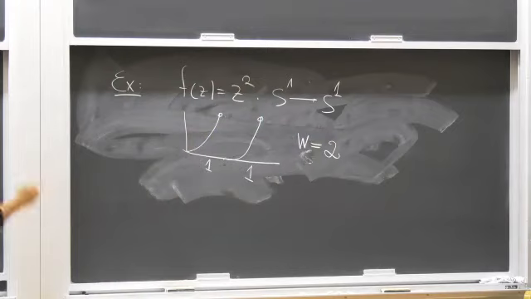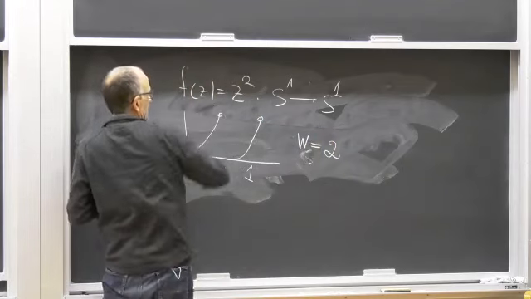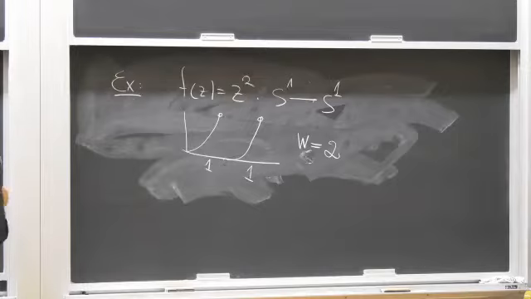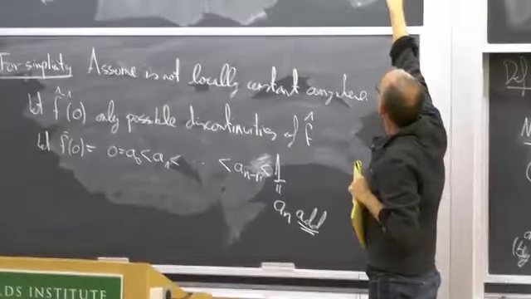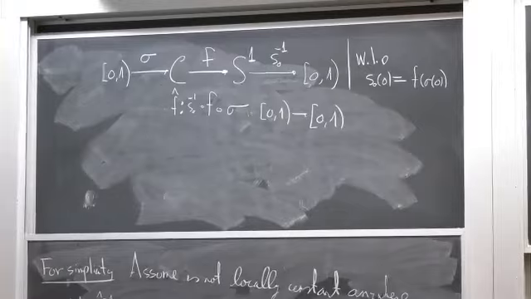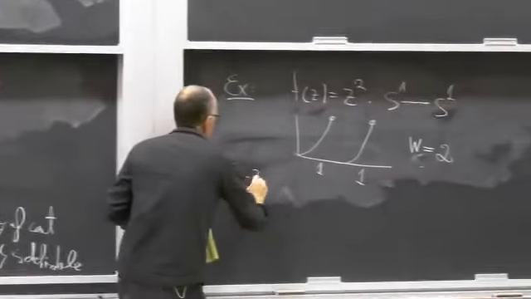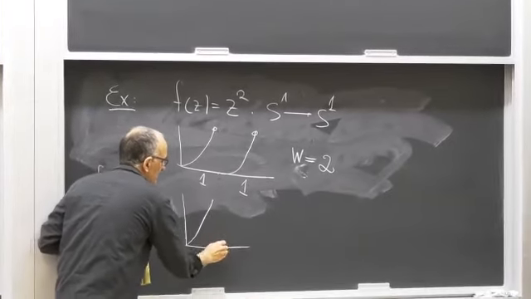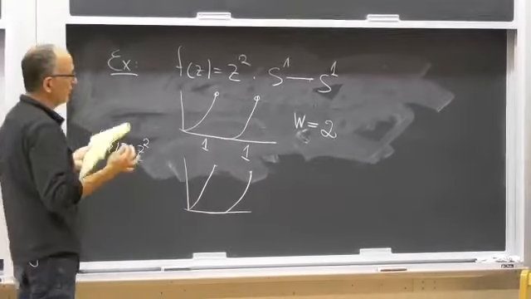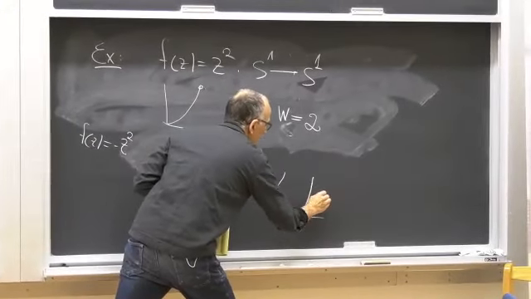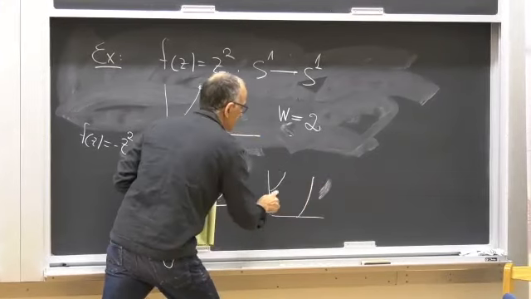But the same thing is true even if you look at f of z equal to minus z squared. This does not change. All you have to do is shift. But since we are making this shift, where is it? When I assume s of 0 equals f of sigma 0, we'll get the same picture after the shift. If we do it before the shift, the definition has to be slightly different, then we will get something like that.